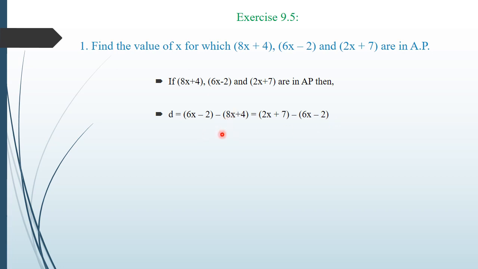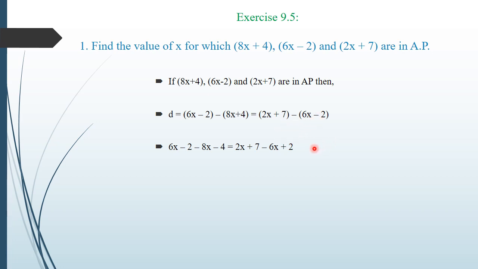When I simplify this, I've just opened the bracket here, that is 6x minus 2 minus, when I multiply inside, it will be minus 8x, plus into minus will be minus 4, equal sign as it is. 2x plus 7, I have just opened the bracket. When I take this minus sign into the bracket here, it will be minus 6x, minus into minus will be plus, and 2 as it is.